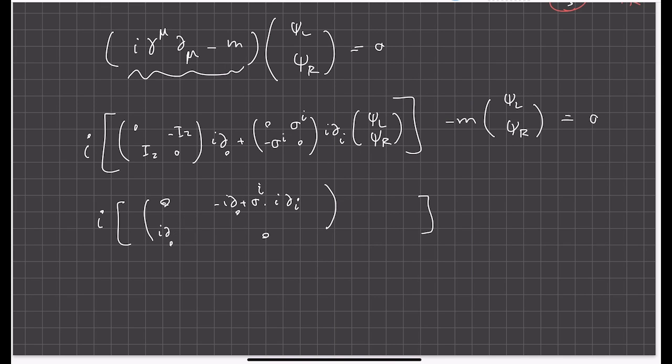minus sigma I dot I sigma I, acting on psi L, psi R, and then you have minus m.